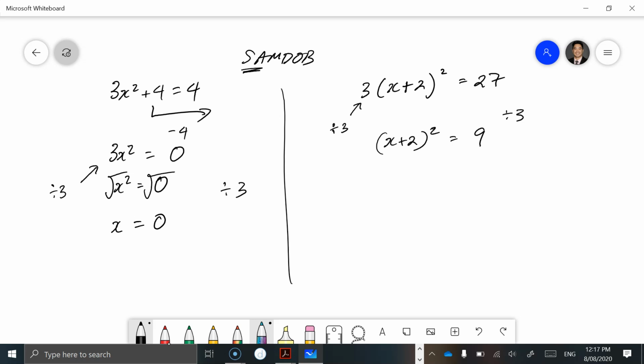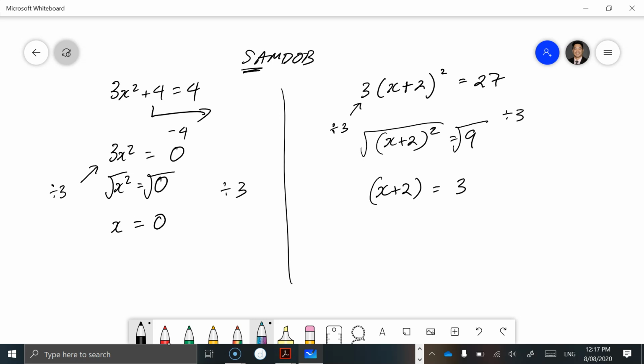And because you could say that the 9 is the same as 3 squared, is a squared number, okay? And therefore, we can actually square root both sides, and we'll have just x plus 2 on the left is equal to 3.